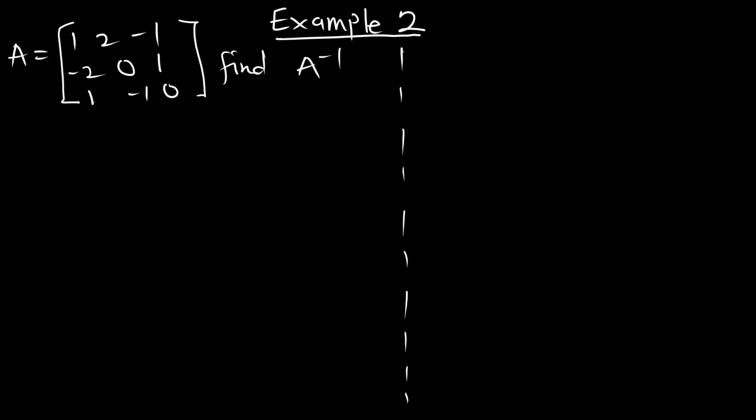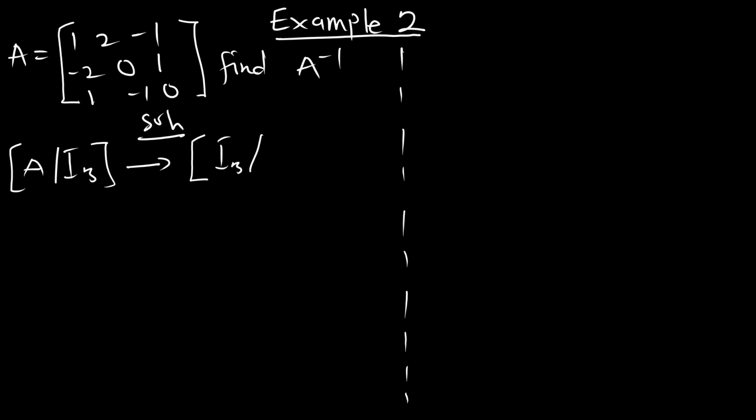Are we okay? We know that with the row operation, we are going to combine the matrix A with the identity matrix to produce the identity matrix and the inverse of matrix A this way. So first, let's combine the matrix.